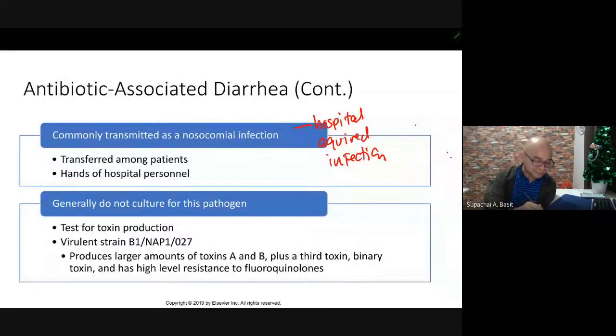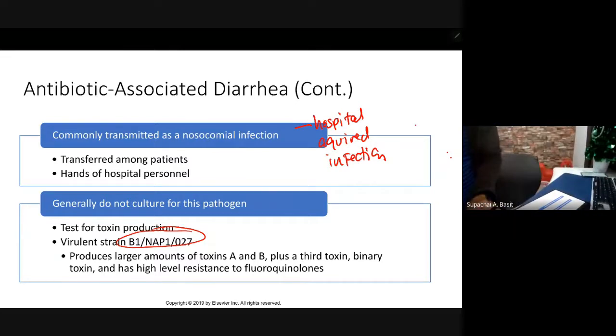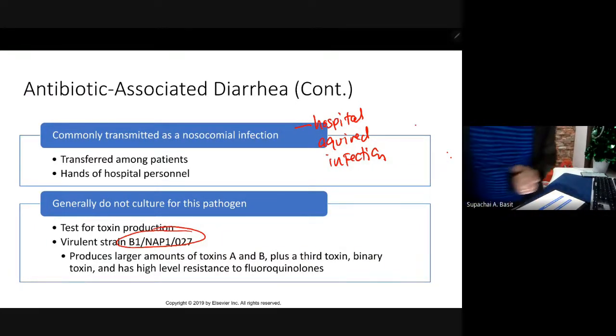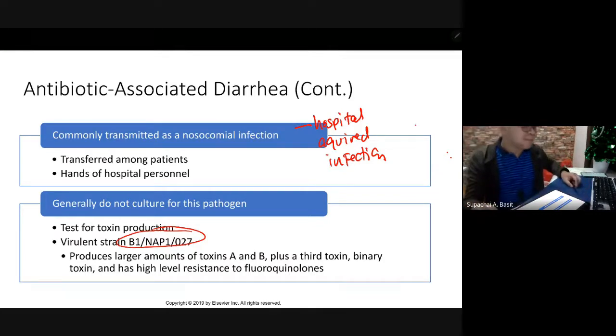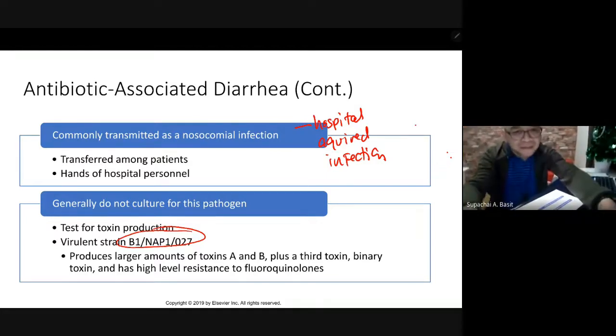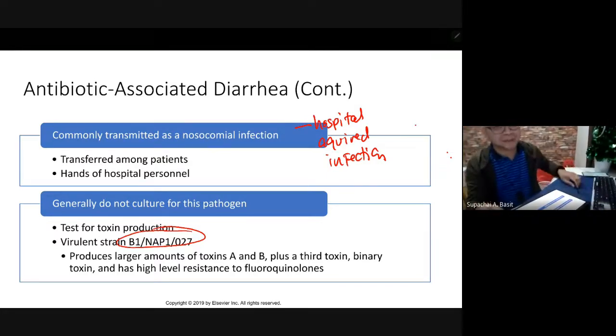Apart from that, the specific virulent strain, so do not forget this one: the B1, the NAP1, and the 027.